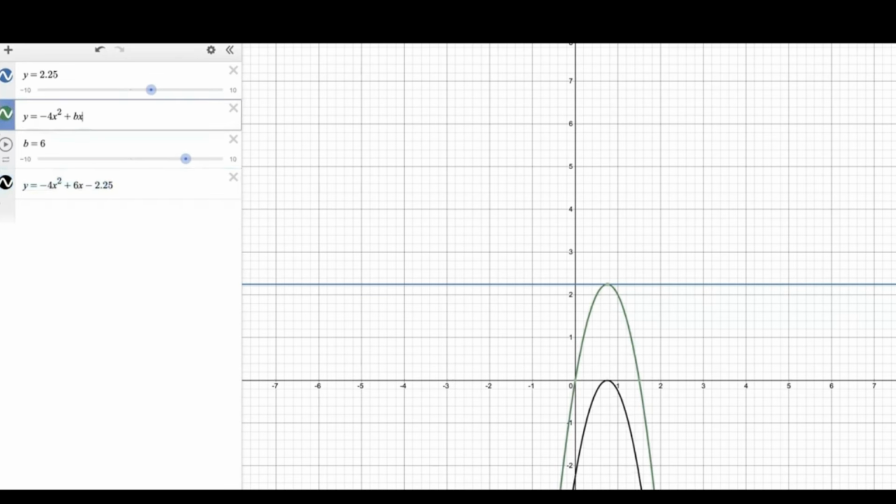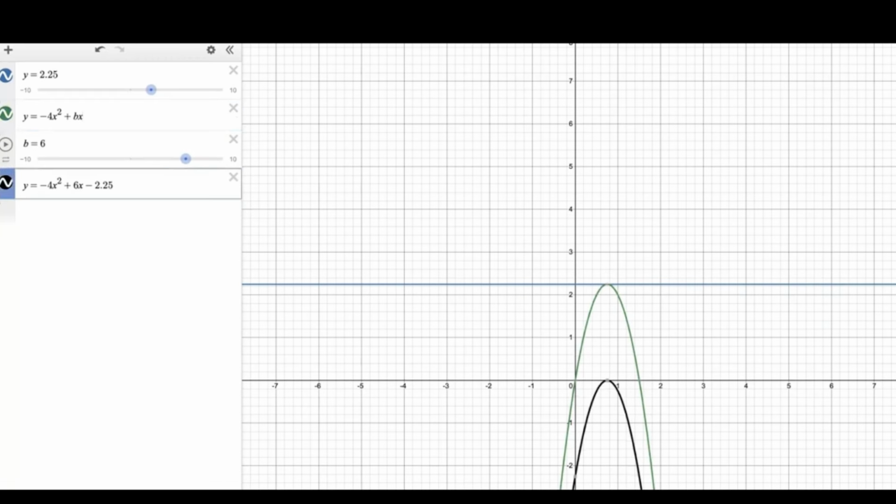The black one is the exact same thing as the green one, except that there was a different constant, right? There was no constant up here in the green one, whereas this one was just shifted down 2.25 units. So in reality, we know that what we're doing is we're treating that y equals 2.25 line as y equals 1, right? In this case, with the green one, the y equals 2.25, the one solution was just there, right, at the vertex.